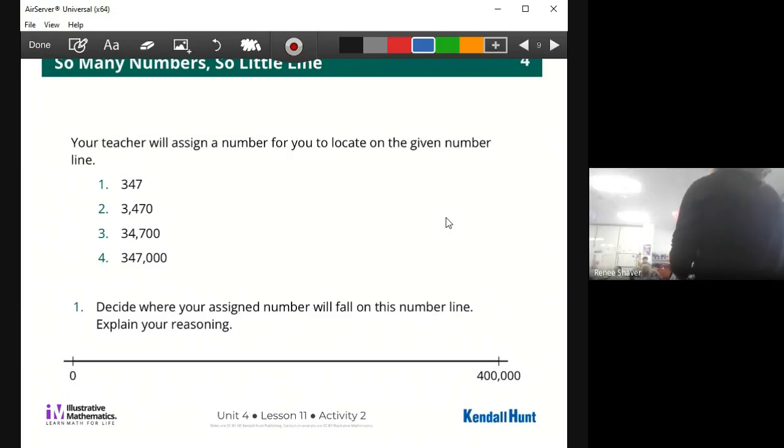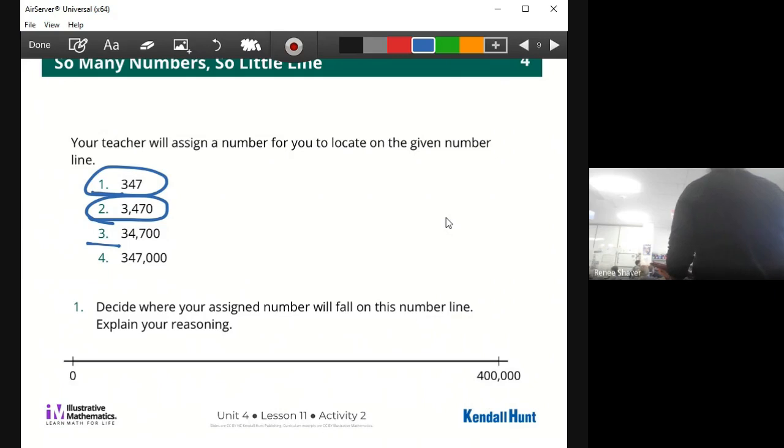And then I'm gonna give you about 5 minutes and then we're gonna share. So I want table 1 and table 2, you guys are going to do 347. Table 3 and table 4, you're going to do 3,470. Table 5 is 34,700.